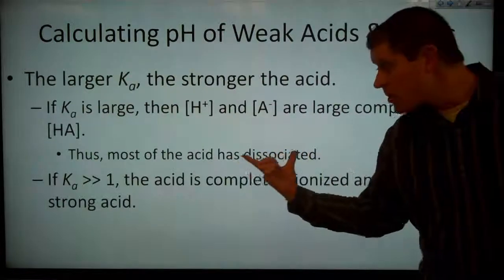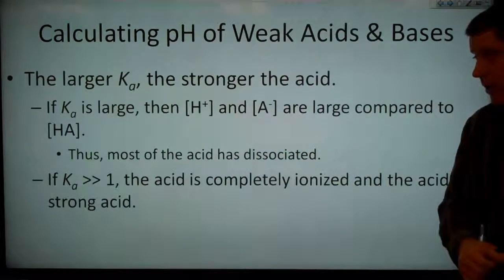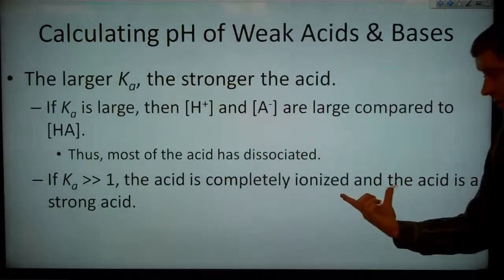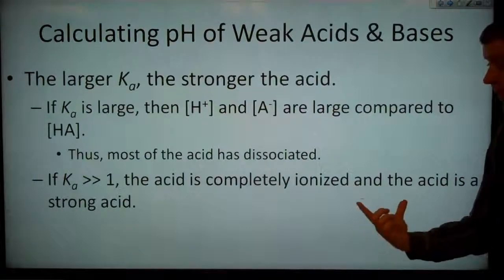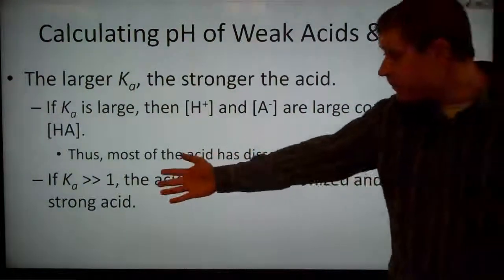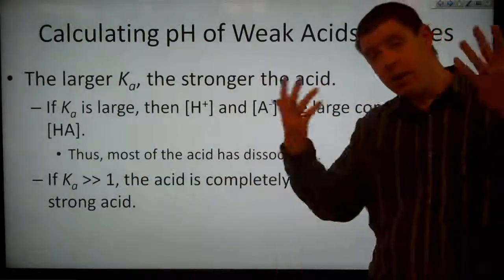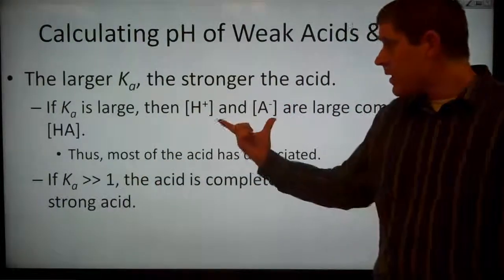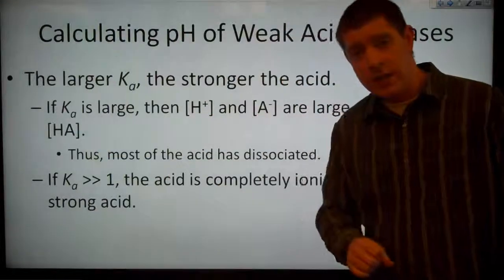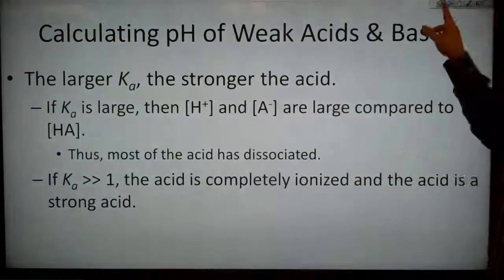And this means that most of our acid has dissociated. So if Ka is much larger than 1, then the acid is essentially completely ionized, and the acid is a strong acid. Because if we have a Ka of, say, 100, then that means we have 100 times as much of these guys as we have that guy, or thereabouts.